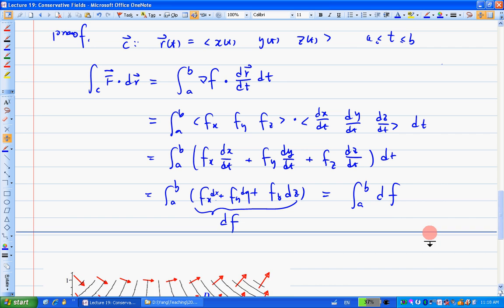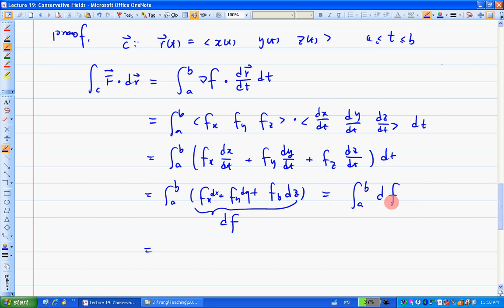So the result of this one here is f at t equal to b minus f at t equal to a. Basically this is f of x of t, y of t, and z of t, when t goes from a to b.